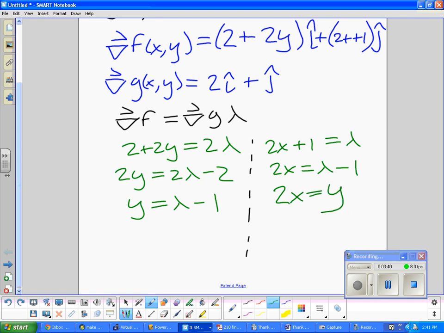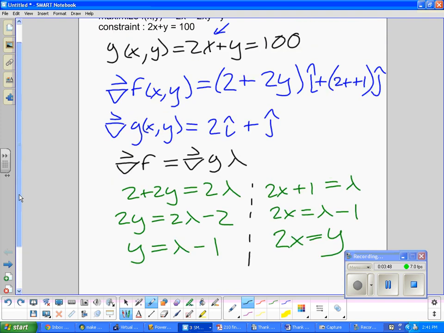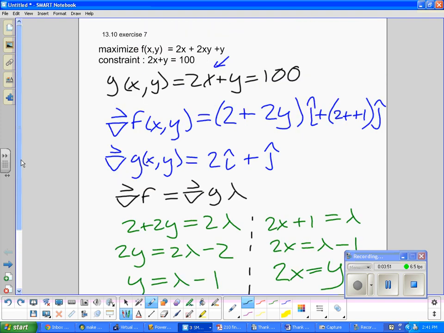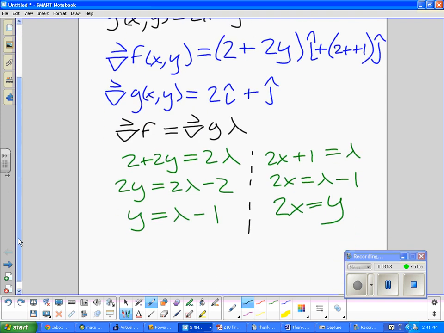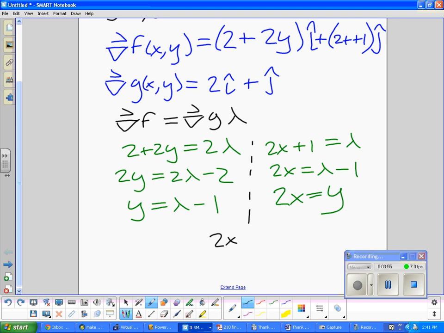Now that brings us back to our constraint function, 2x plus y equals 100. Wherever we see a y, we can substitute a 2x.